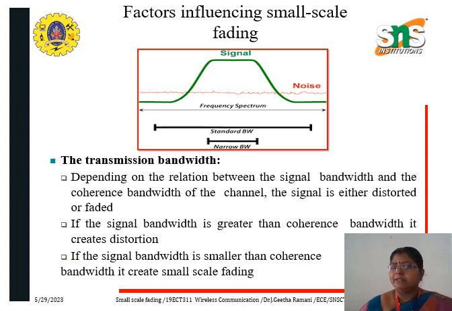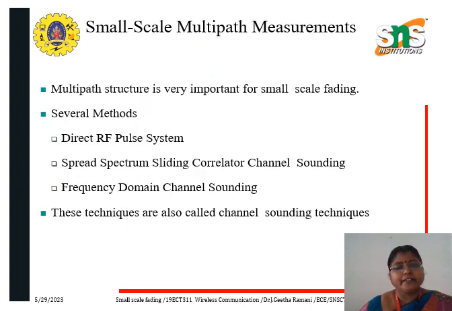Whereas if the signal bandwidth is larger than the channel bandwidth, it's very difficult to transmit the signal inside a channel, isn't it? So if the signal bandwidth is greater than the coherence bandwidth, it creates a distortion. If the signal bandwidth is smaller than the coherence bandwidth, it creates the small scale fading. So these are the four factors which affect small scale fading.